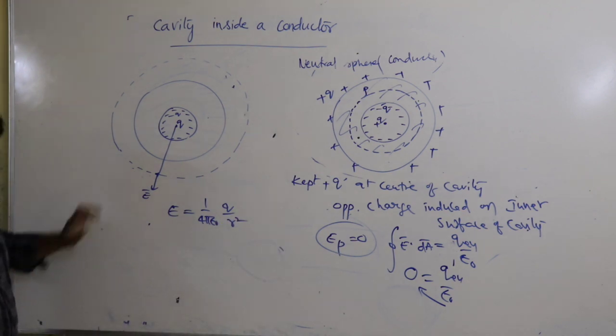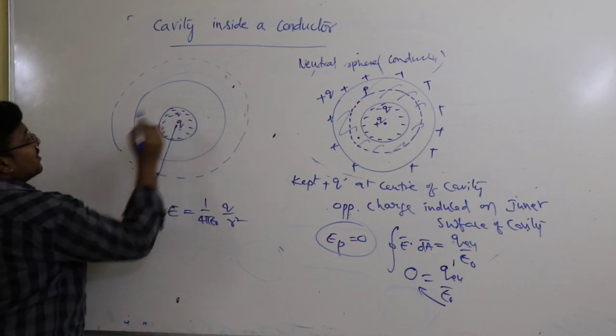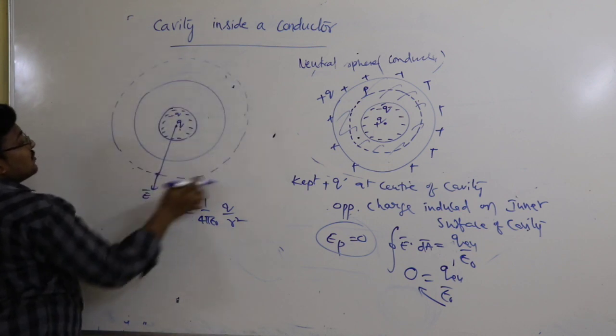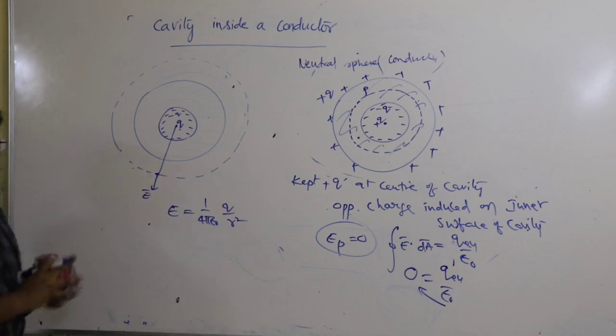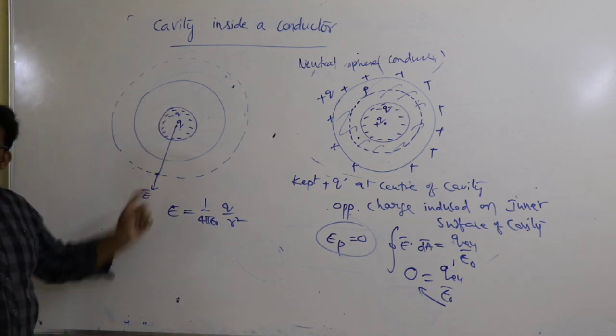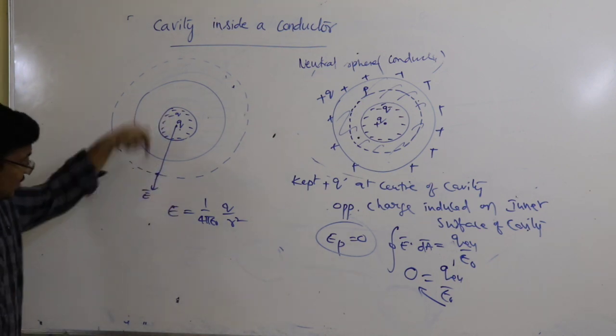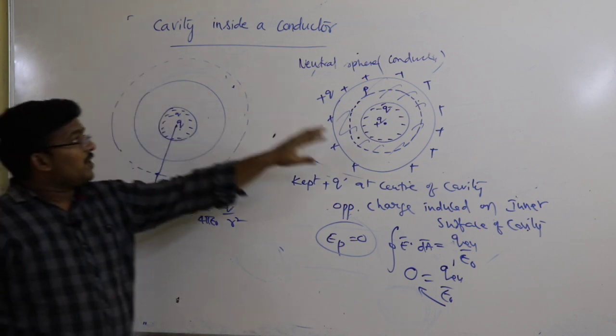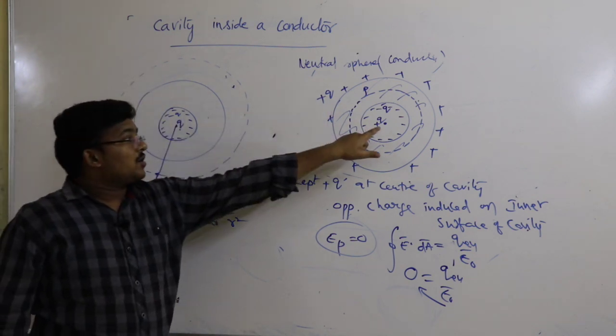But if you consider now, already this is q, this is minus q. Now in the Gaussian surface, what is the charge we are getting? 0, because q and minus q give 0. But you should get some flux out, because already we have taken this as a neutral conductor and charge q is kept.